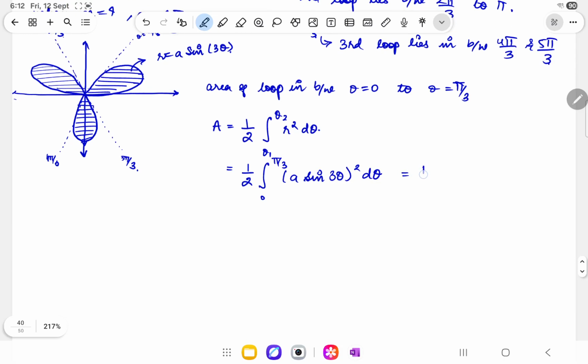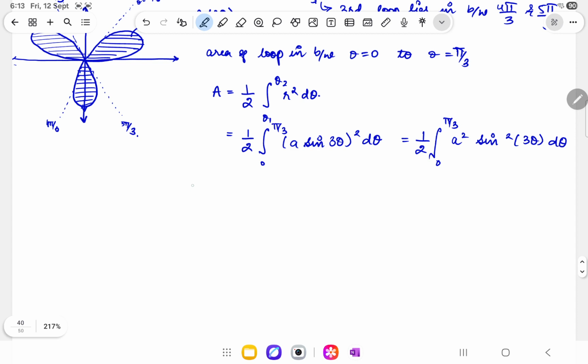This is equivalent to 1 by 2 into the integral from 0 to pi by 3 of a square sine square 3 theta d theta. A square is constant, so I can take it outside the integral sign, giving a square by 2 integral from 0 to pi by 3 of sine square 3 theta d theta.